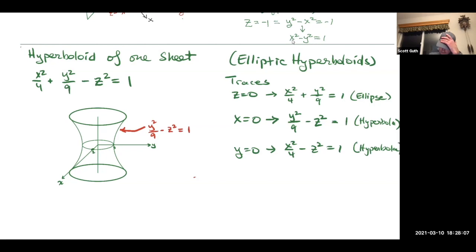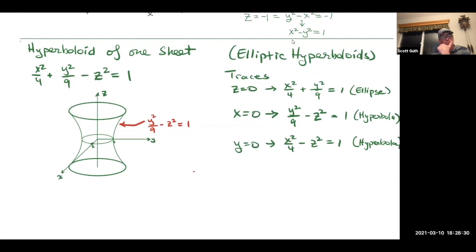And that's in the YZ plane. Okay, any questions? And then there's one more hyperbola in the XZ plane.